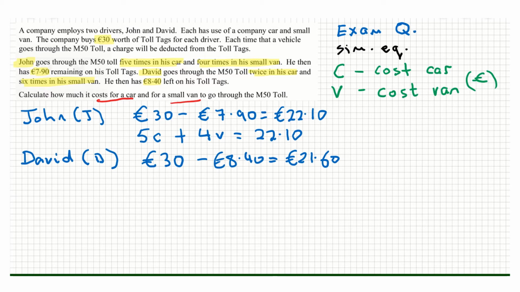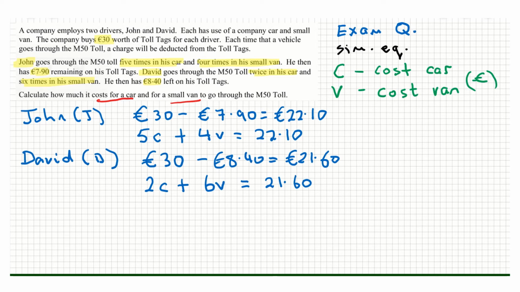So David uses the car twice and the van 6 times, and the total cost of that is 21.60. Okay, so we need to figure out 1C, the cost for the car, and 1V, the cost for the van.